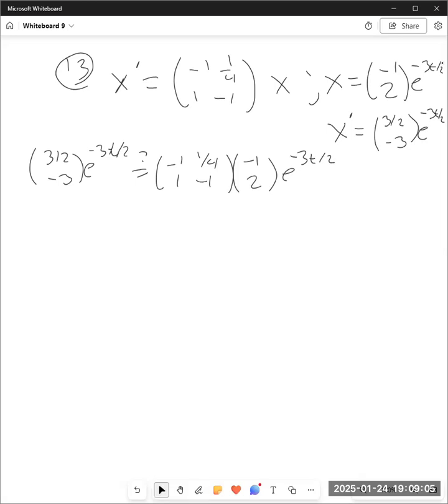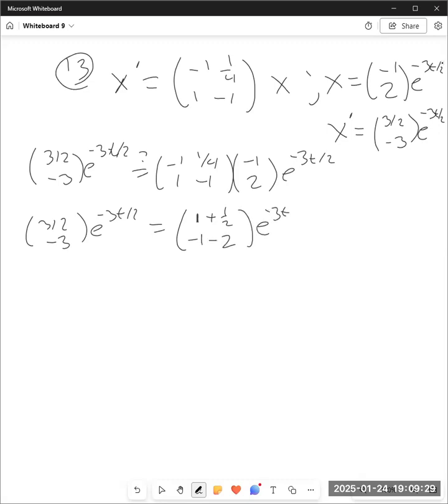So let's do matrix multiplication on the right and see if it comes out to be what's on the left. So -1 times -1 is 1. And then 1/4 times 2 is 1/2. 1 times -1 is -1. -1 times 2 is -2.